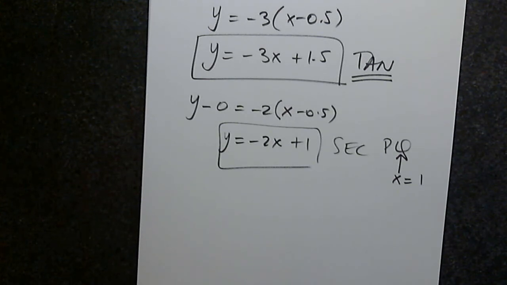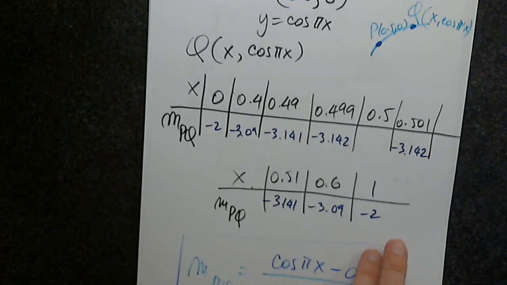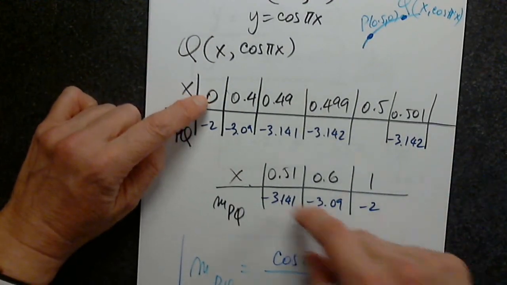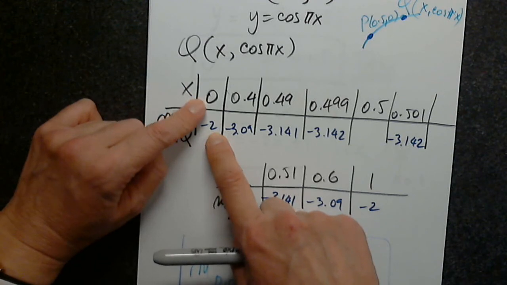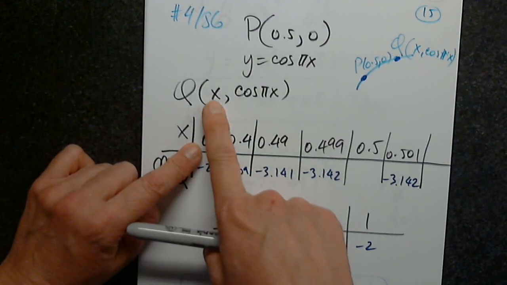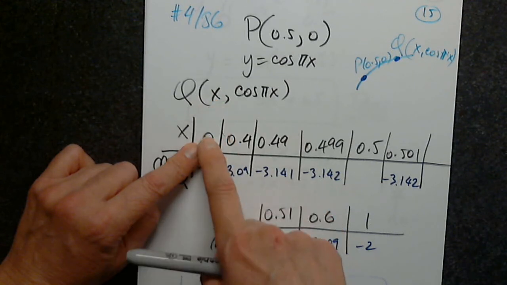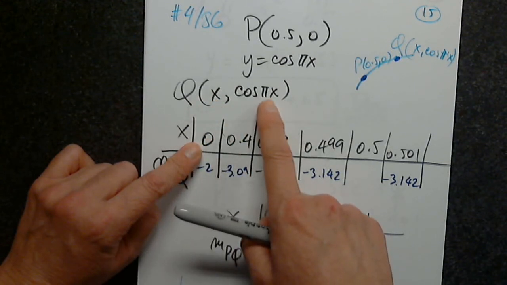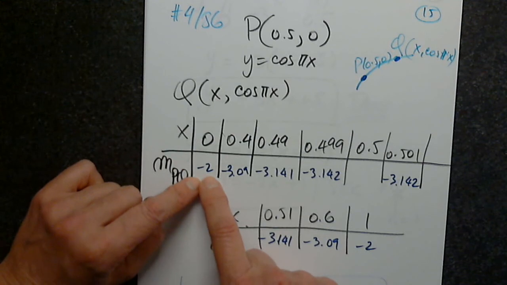So these are all these numbers that we just determined. This number is between point Q, which is 0, comma cosine 0, and P, and the slope is -2.